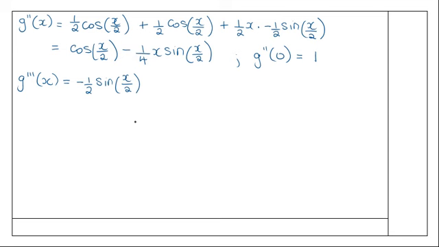I'm actually going to keep the negative quarter on the outside as a constant, so keep my constant. And then use the product rule on the x sine of x over 2. So differentiate the first times the second plus keep the first, differentiate the second.